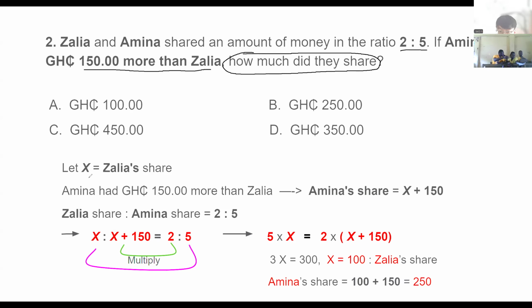So we started by setting X as Zalia's share, and Amina's share was X plus 150 because Amina had 150 more cedis than Zalia.